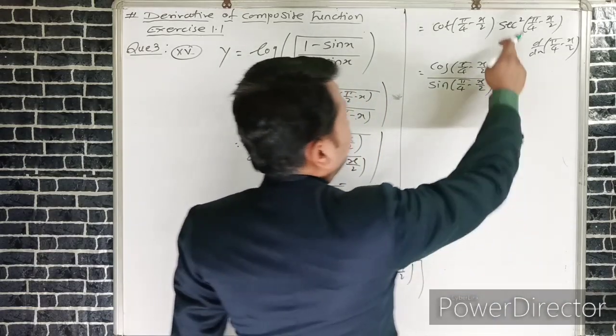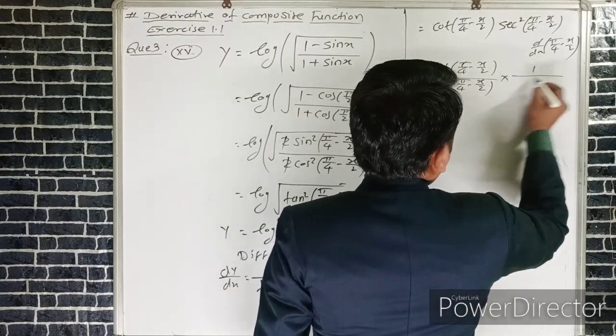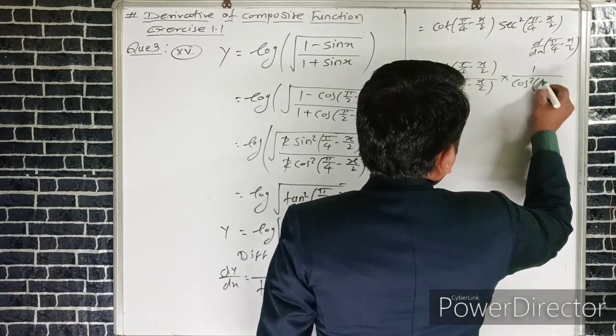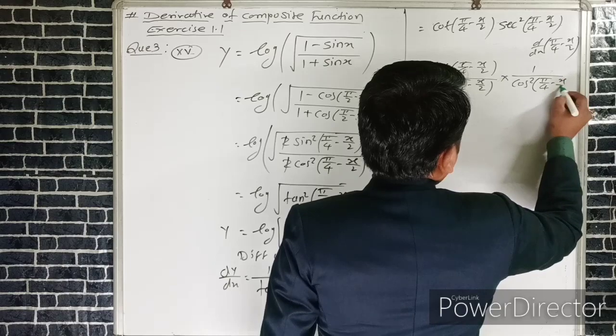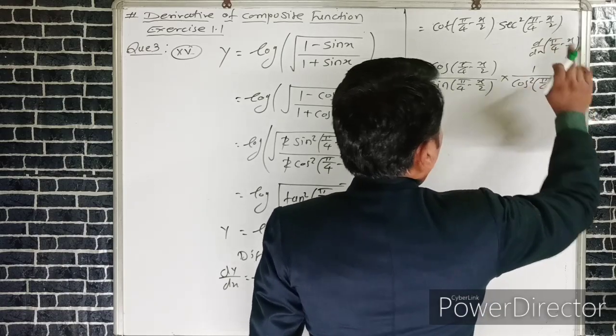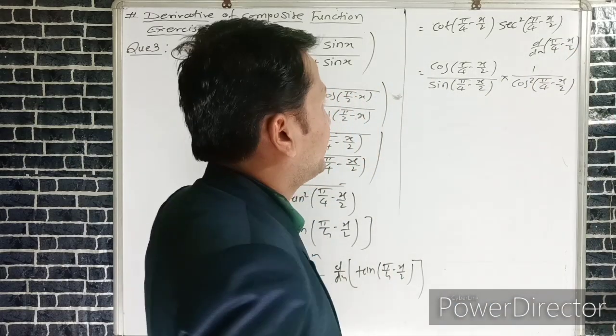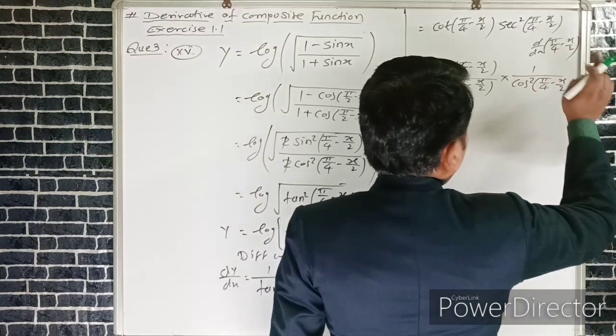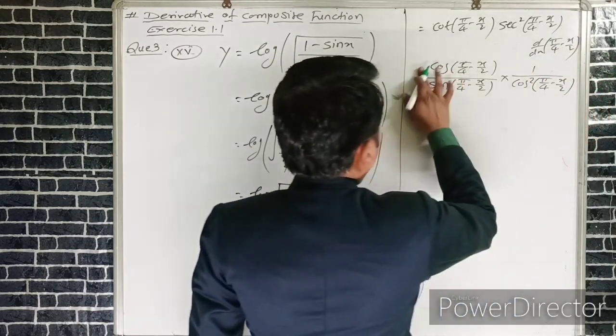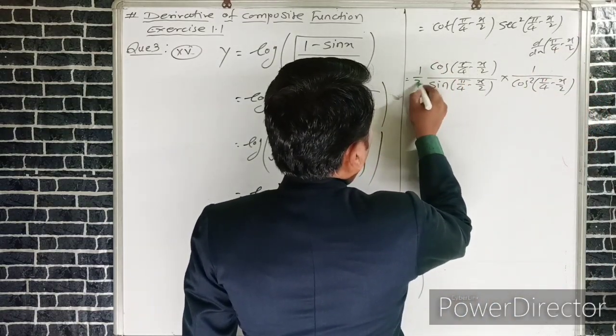And again we can write 1 upon sec square means 1 upon cos square of pi by 4 minus x by 2 into the derivative of pi by 4, which is 0, and the derivative of minus x by 2 is minus 1 by 2. We can write here minus 1 by 2.